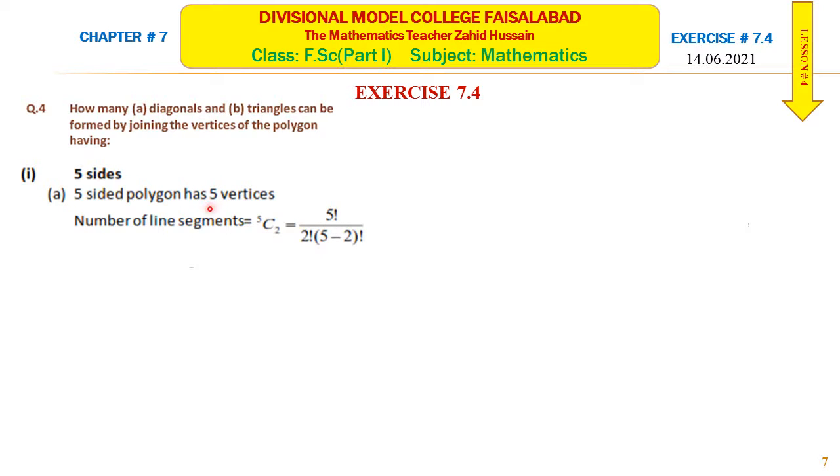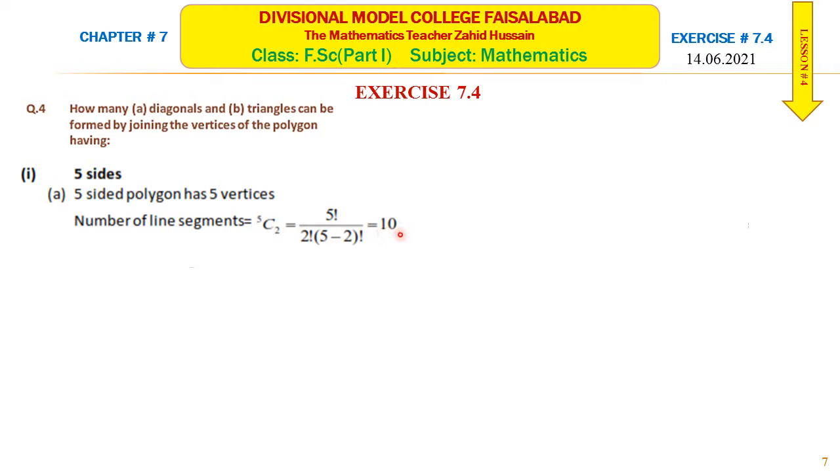So the number of line segments is equal to 5C2. If out of 5 vertices we join 2 vertices, we get a line. So how many lines will there be? Simplifying this, it is 5 factorial over 2 factorial into 5 minus 2 factorial, which is 5 factorial over 2 factorial into 3 factorial, and then calculating, we get 10.